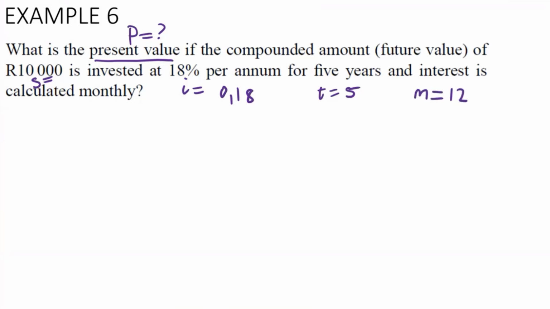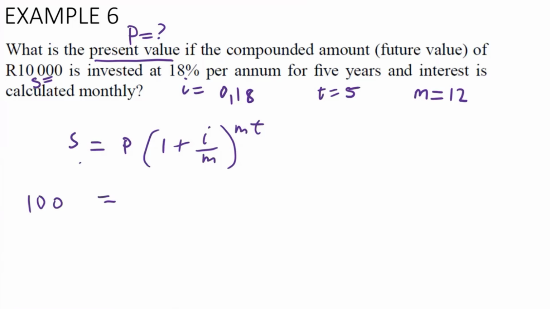What is our formula? It is S is equal to P into 1 plus I over M, to the power MT. We are given our S, so the substitution is important.